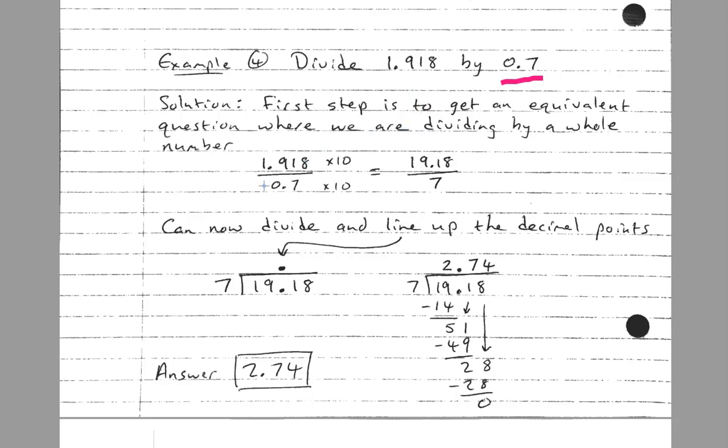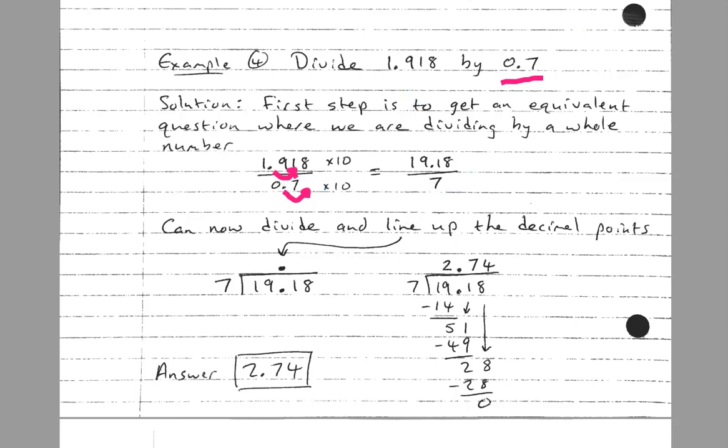And yeah, so think of it as this decimal divided by this decimal. We want to make this a whole number. We want to move the decimal point 1 place to the right. So that's the same as multiplying by 10. So multiply the top and bottom by 10.